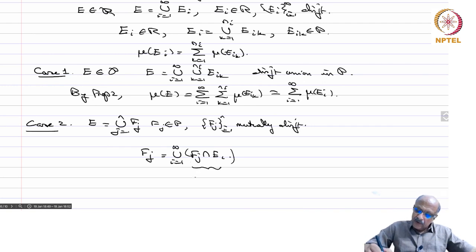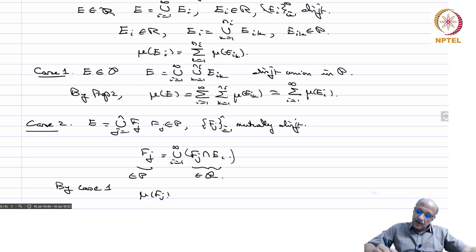So each of these belongs to R, and this belongs to P. So by case 1 you have mu of Fj equals the sum over i equals 1 to infinity of mu of Fj intersection Ei.